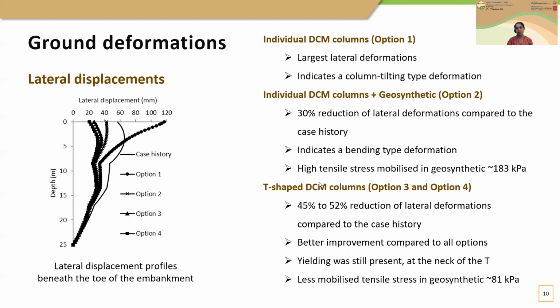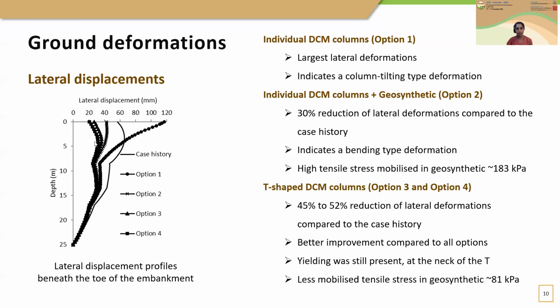When we have a look at the geosynthetic tensile stresses, there was about 183 kilopascal stress inside the geosynthetic, which shows that it has been functioning very effectively. Conversely, with the T-shaped DCM column configuration, the lateral deformations improved by about 45 to 52%.